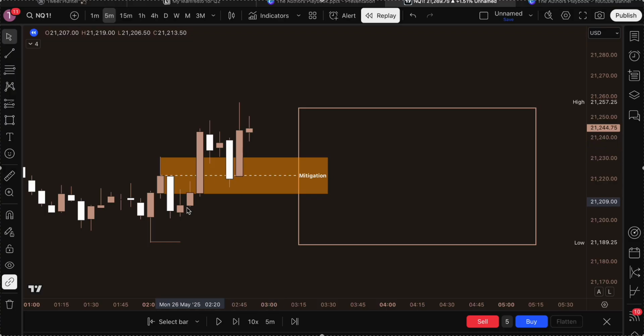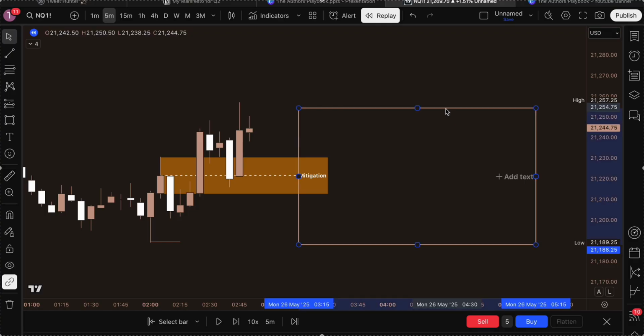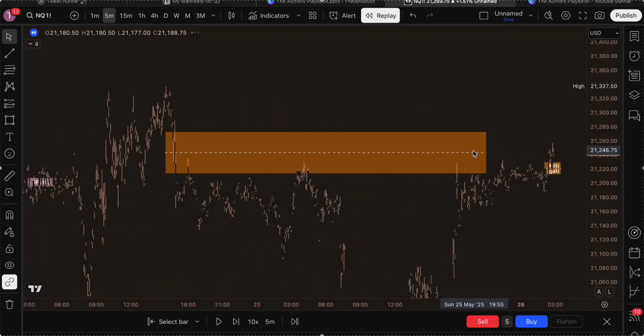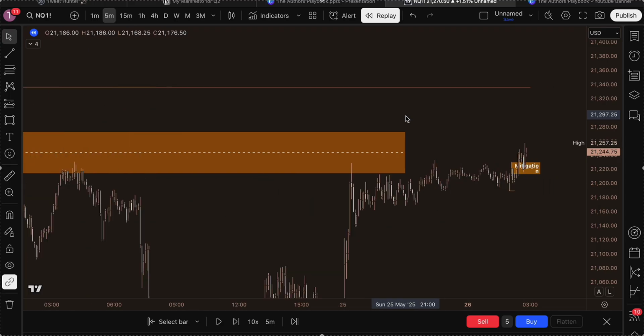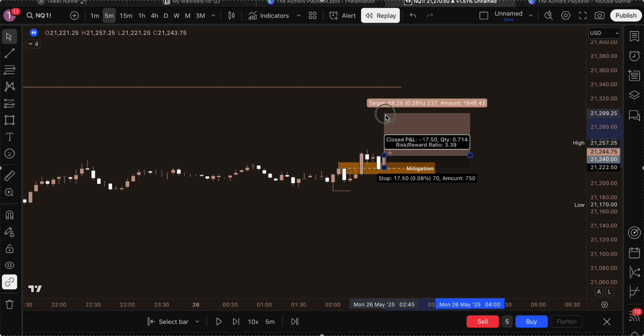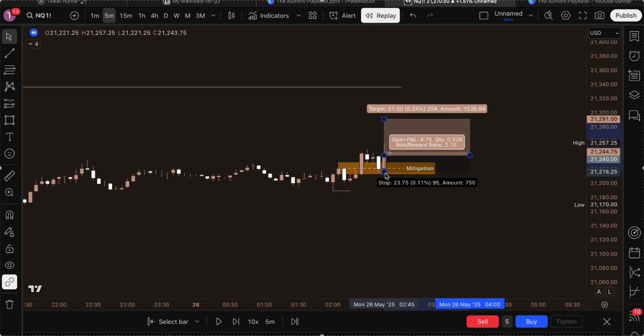Order block has been created. Once the order block is created, we understand that this would be the stop loss. And let me remove this. Let's see if we have drawn liquidity. See that price will go higher. Aim for a normal 1 to 3, with a good stop loss below.